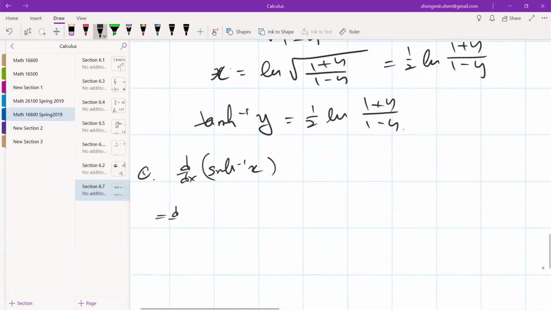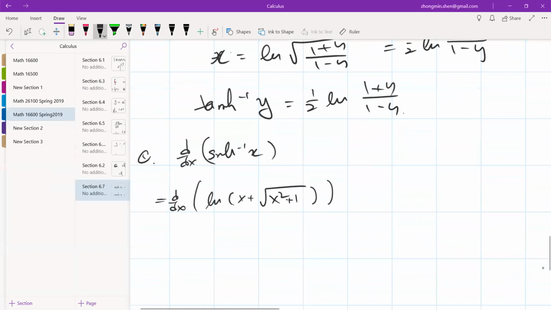We have the natural log of x plus the square root of x squared plus 1. If you differentiate, you have to use the chain rule. It's complicated, but it works, right?